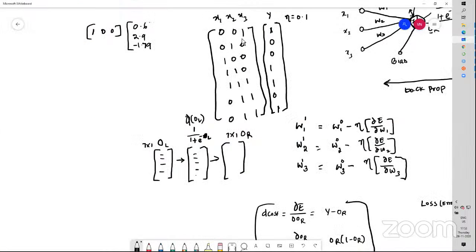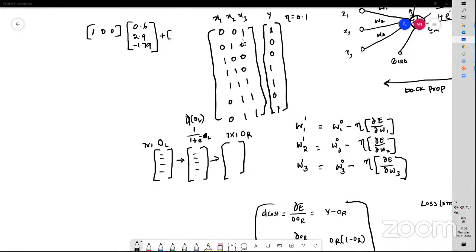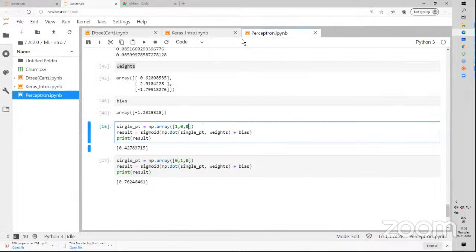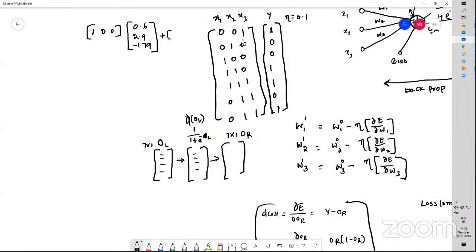When we multiply these two, we will get an output. On this, we are going to add the bias. The bias value that we have is minus 1.23. And you would get an output in the form of this.